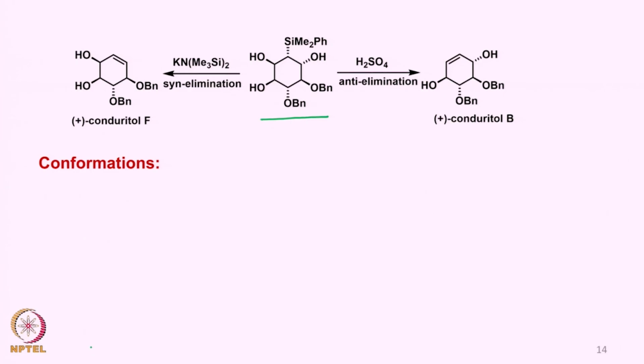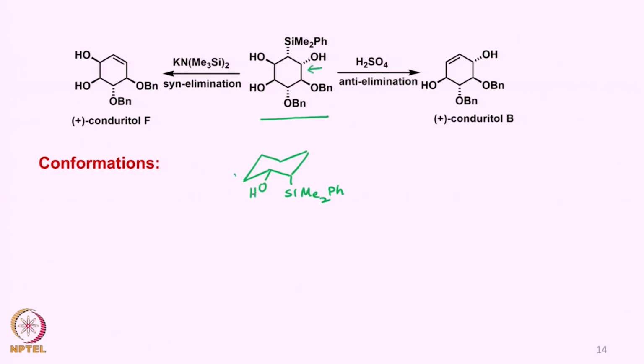So we take another example of this very interesting case shown here, which can be looked at in a conformational fashion, where we write the conformation this way: the silicon can be considered to be present here, and to the right of the silicon is the OH group.